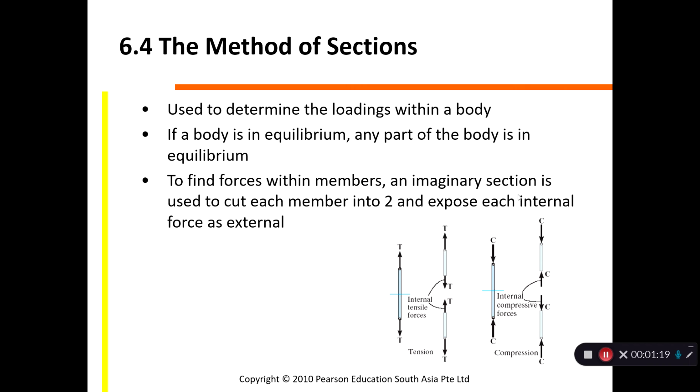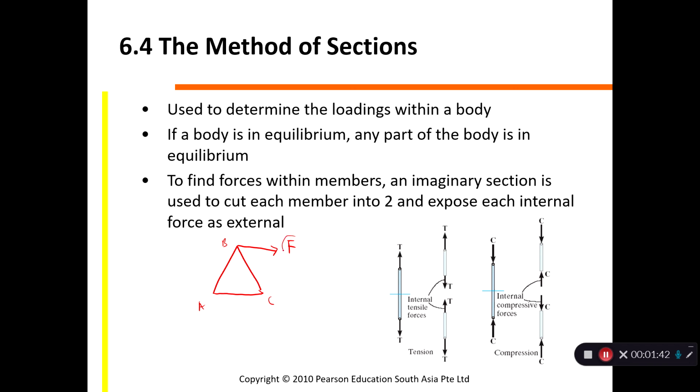An imaginary section is used to cut each member into two and expose the internal force as an external force. Because as you know, let's say you have this structure with three members, A, B, C, and you have a force acting on it.